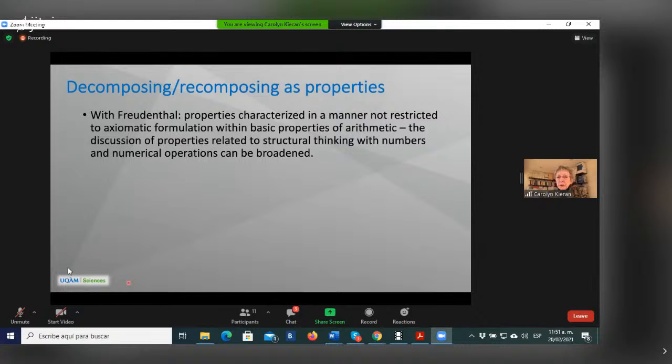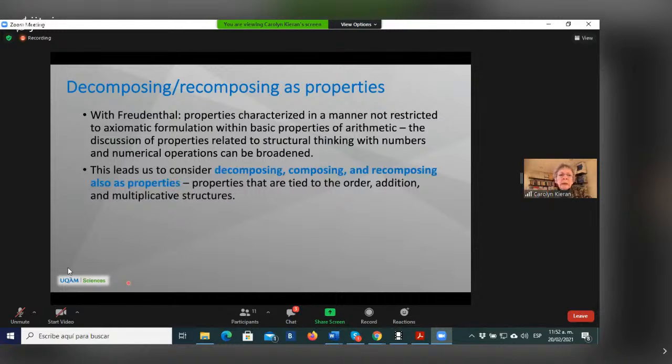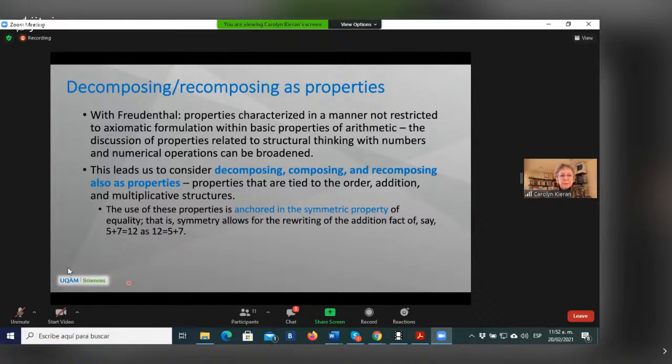In line with Freudenthal, then, properties can be characterized in a manner that is not restricted to the axiomatic formulation within the basic properties of arithmetic. The discussion of properties related to structural thinking with numbers and numerical operations can be broadened. This leads us to consider decomposing, composing, and recomposing also as properties that are tied to the order, addition, and multiplicative structures.